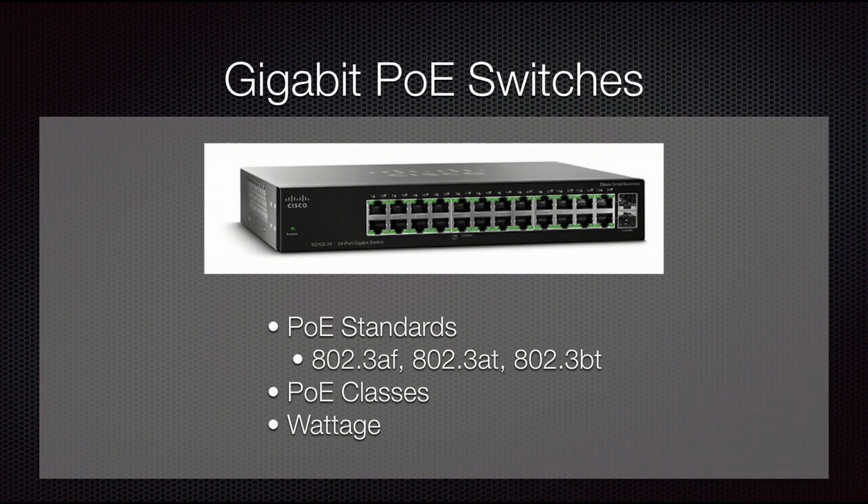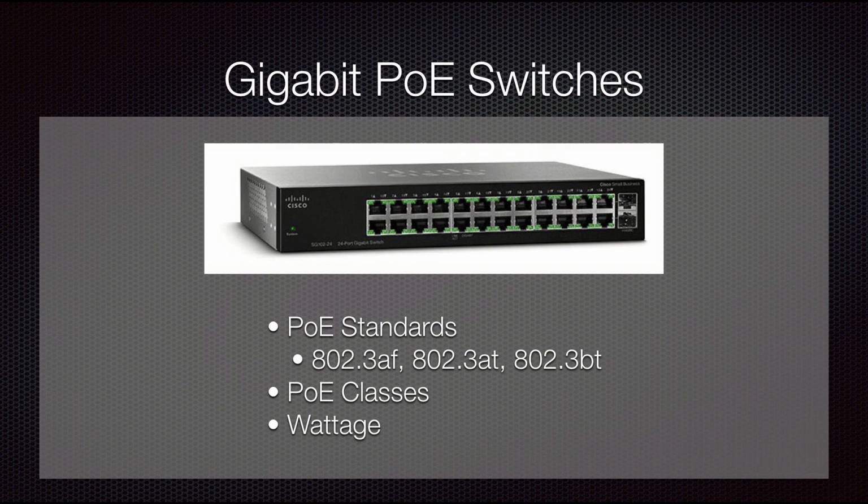So when we take a look at power over Ethernet, I'll bring up this slide here. I'm not going to go into great detail, but the main things you need to know is that there are 3 standards for PoE.